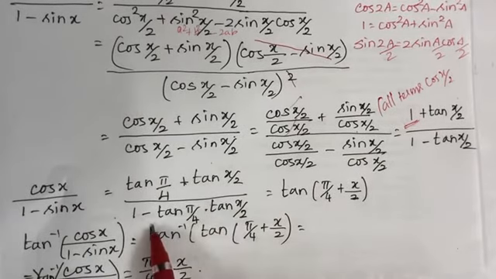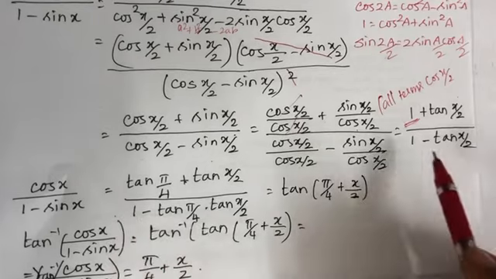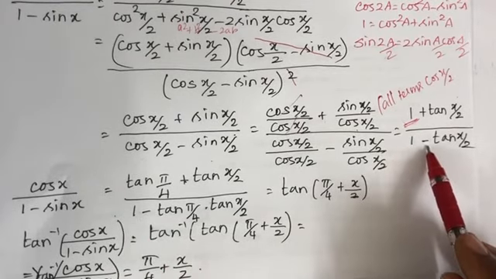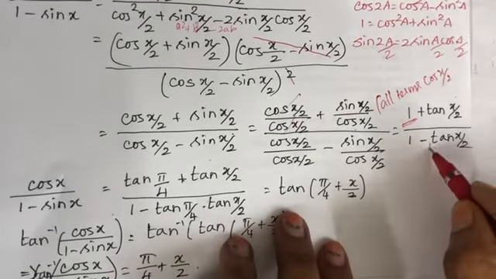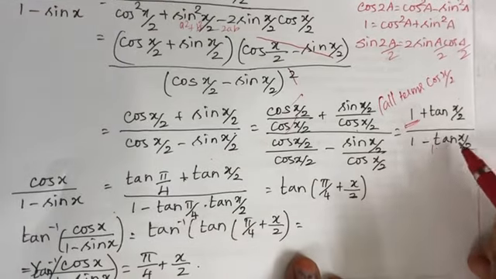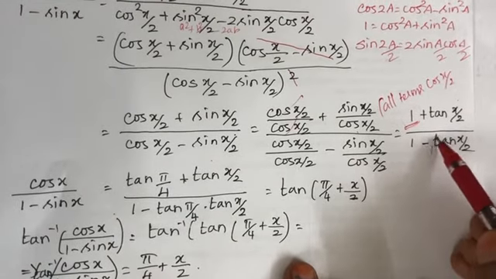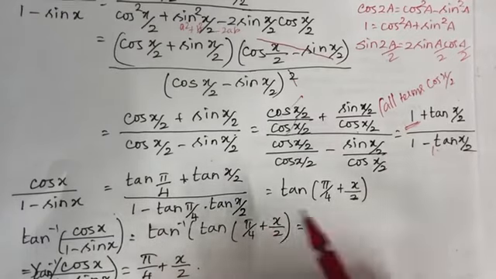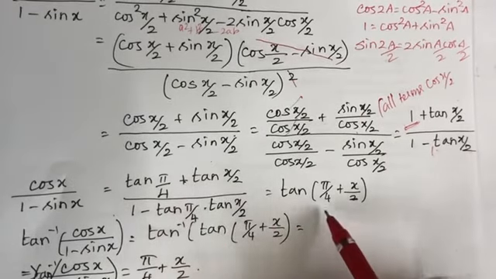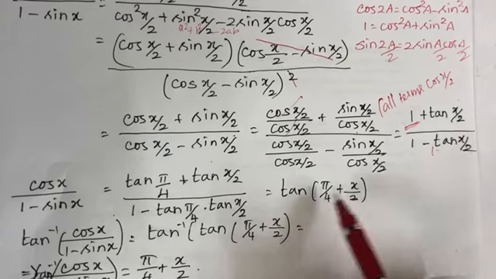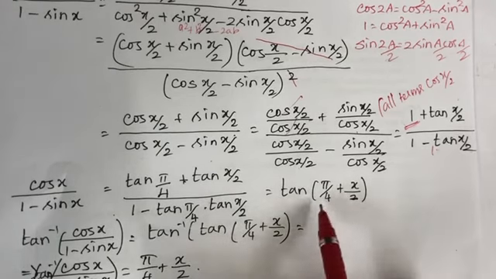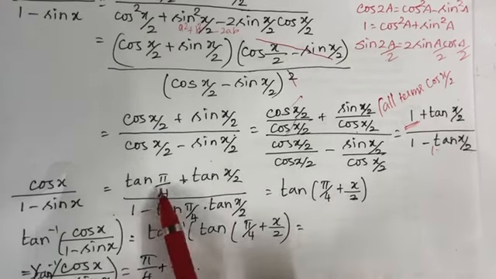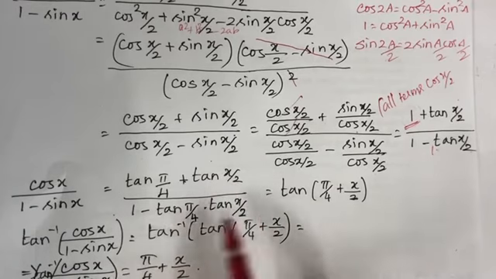In the denominator also 1 minus, 1 into tan x by 2. So, I write this 1 as tan pi by 4 because I want to bring this expression in this formula. Tan a plus b is equal to tan a plus tan b divided by 1 minus tan a into tan b.